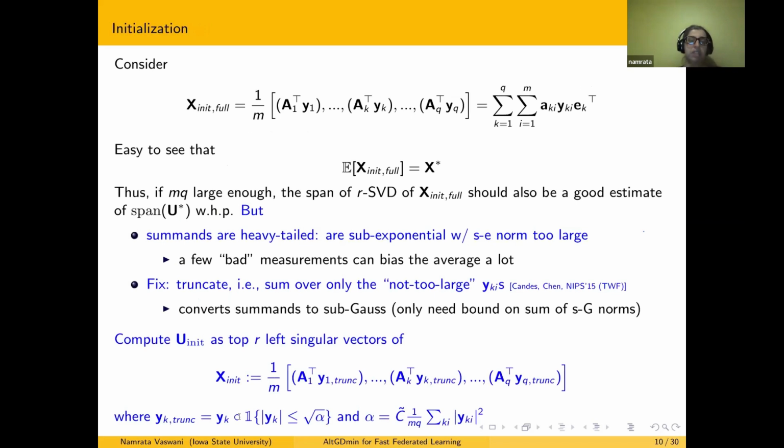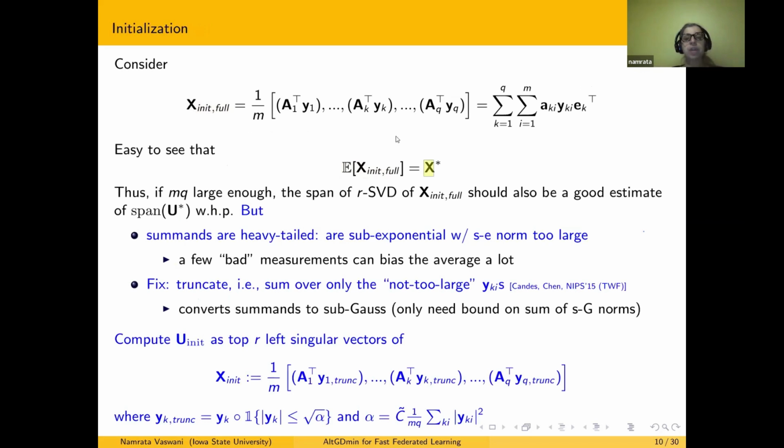And then for initialization, you first consider the standard initialization, which is A1 transpose Y1, and so on. So you create this matrix, which I called X init full, using standard approaches. You can argue that this has expected value equal to the true unknown X star, or close to it in some sense.